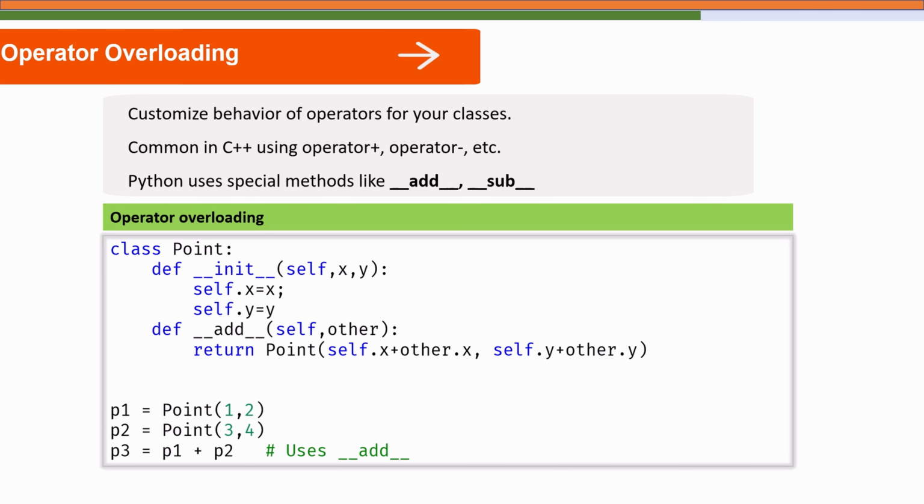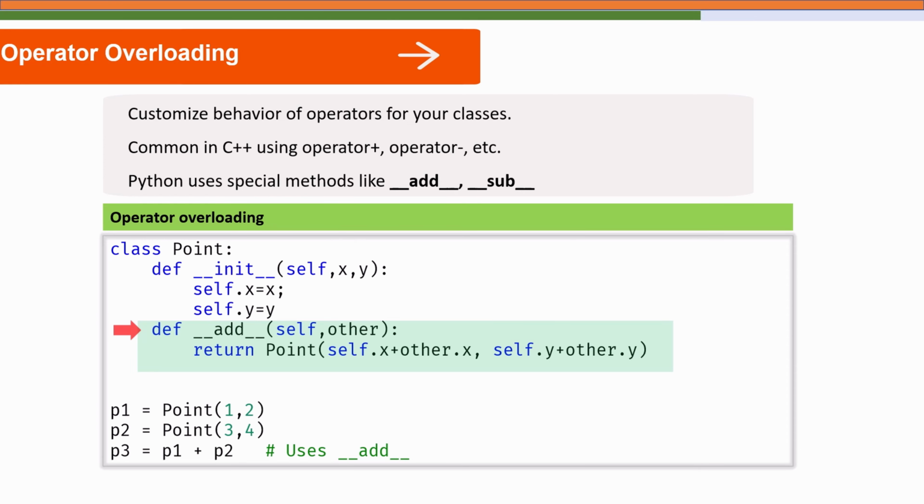for subtraction. So you can see in this class we have a class named Point, and it has an initializer that sets the attributes named x and y to the given values. Then we define a special method named, again, __add__. That method is basically the special method for the add operation.